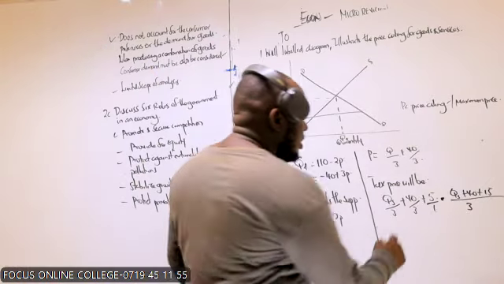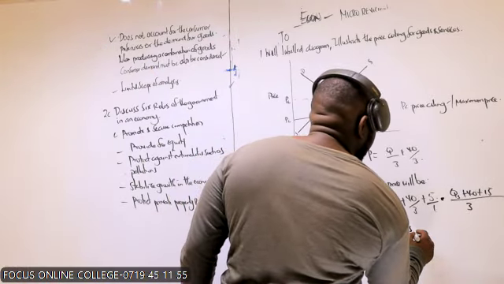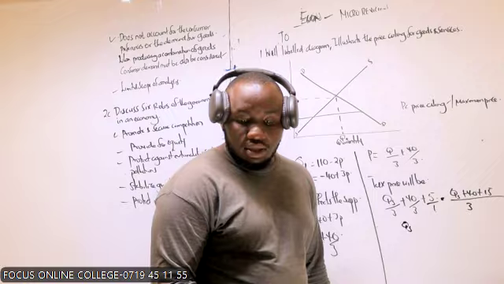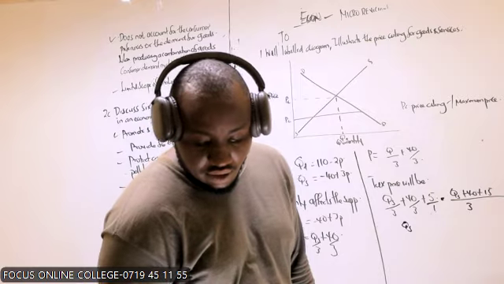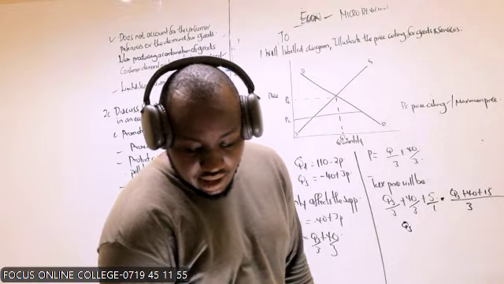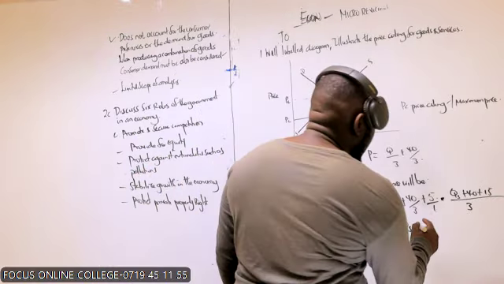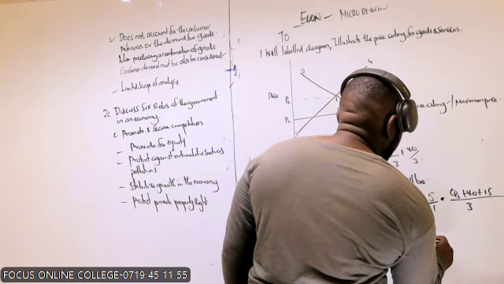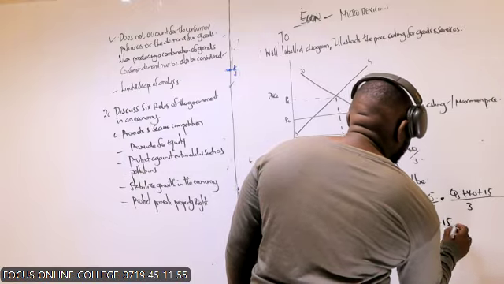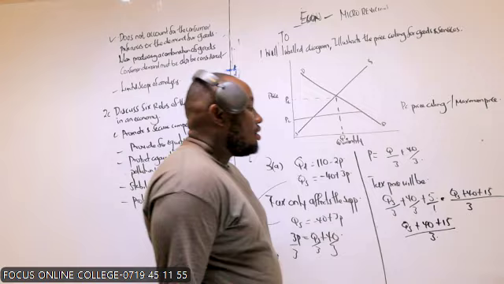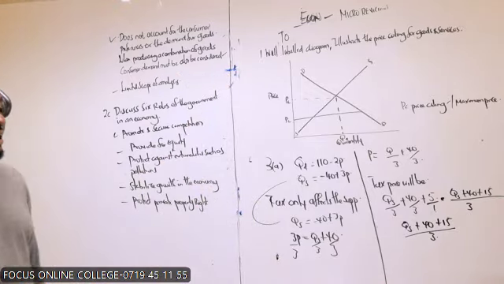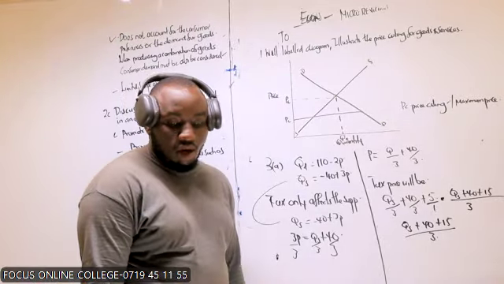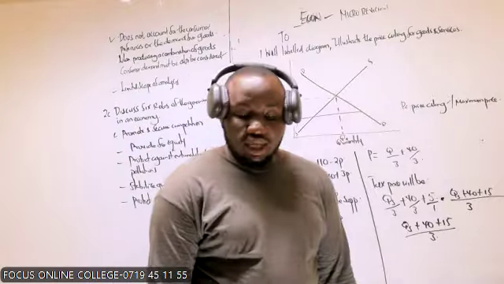If you simplify this, we are going to have QS plus 40 plus 15 over 3. Simplify over 3.